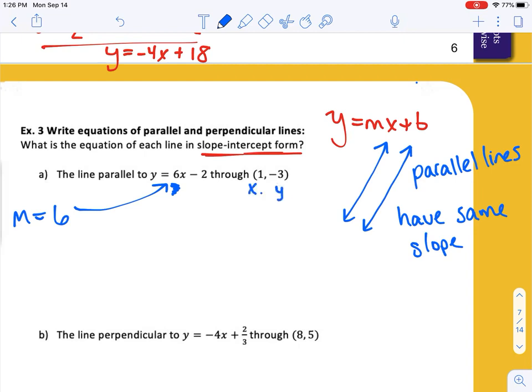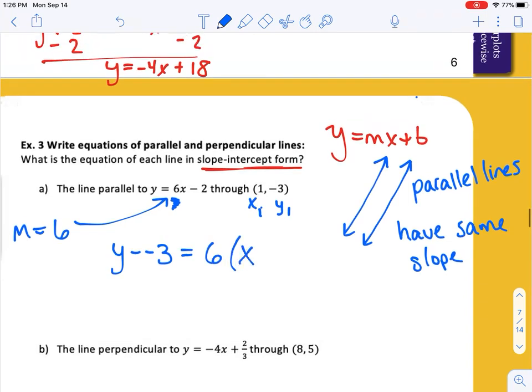Okay, then we have x1 and y1. So we can plug it into our point slope form. Y minus -3 equals 6 times x minus 1. Minus a negative becomes a positive.